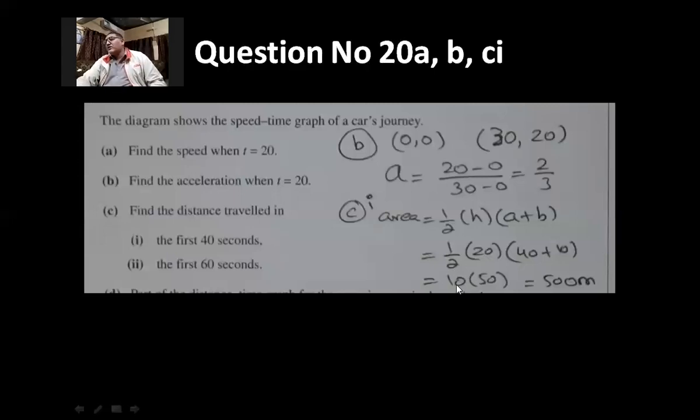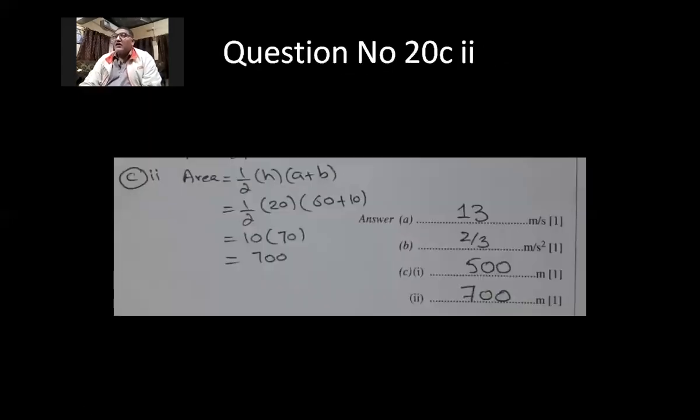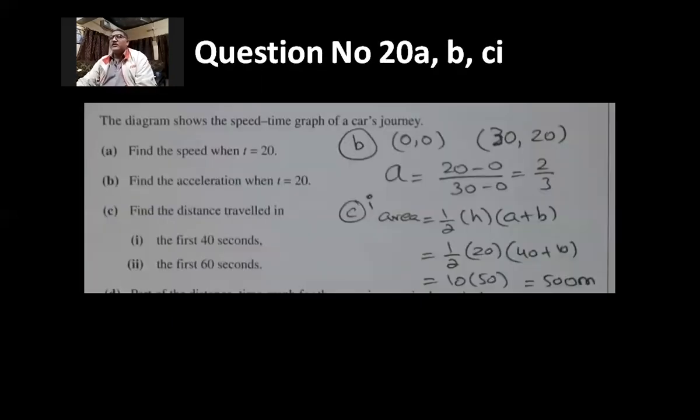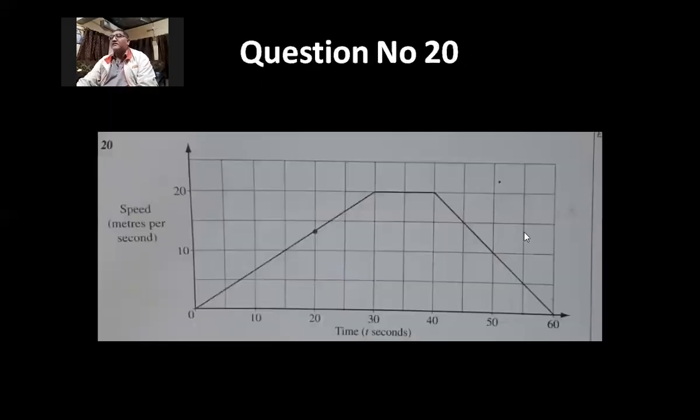So 2 and 20 cancel. So 10 into 50, 500 meters. So in the first 40 seconds, the body has covered 500 meters.